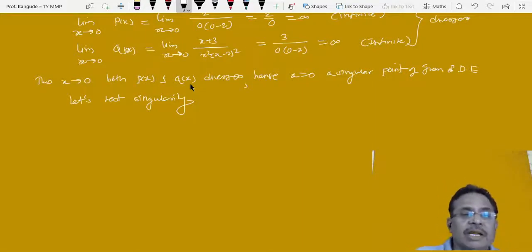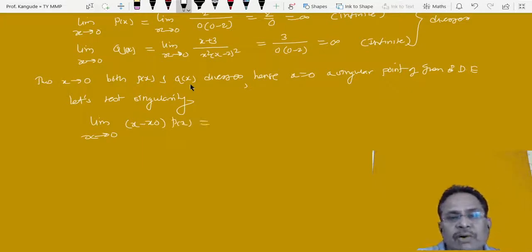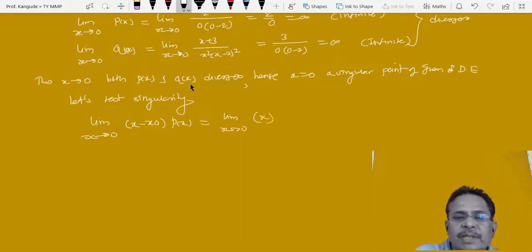Let's test the singularity, and for that we have to go for this test. Limit as x tends to 0 of x minus x0 into p of x. Already we have found p of x. Now x0 is 0, and p of x is 2 upon x square into x minus 2.